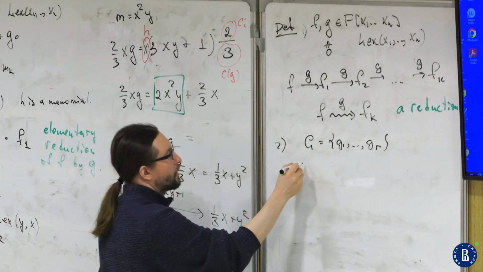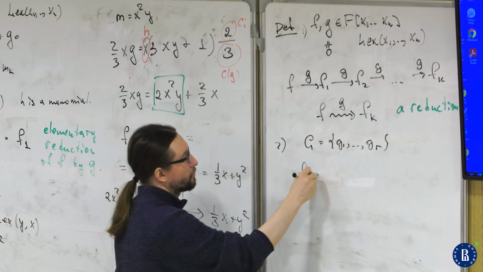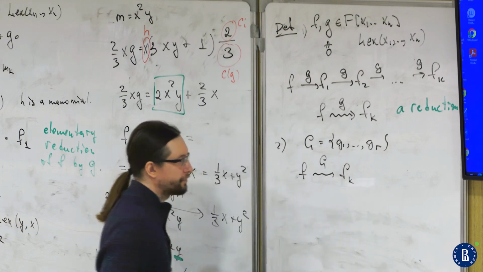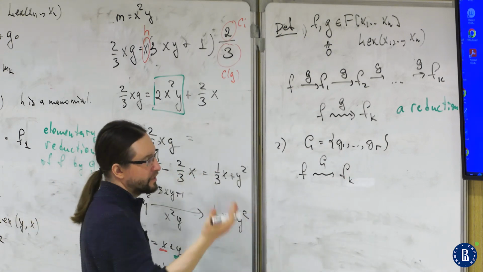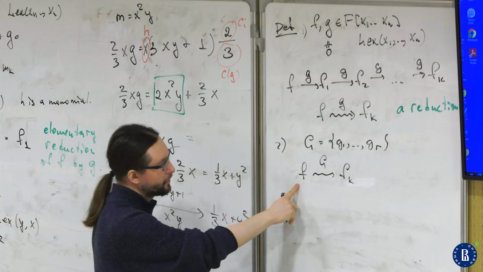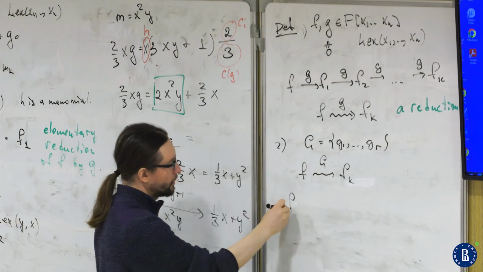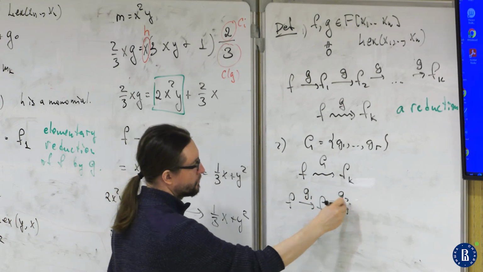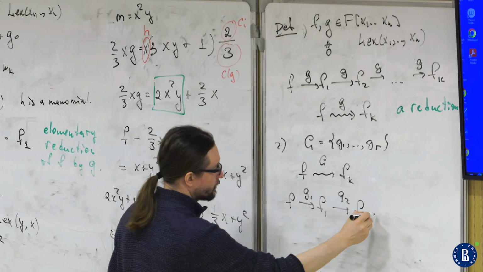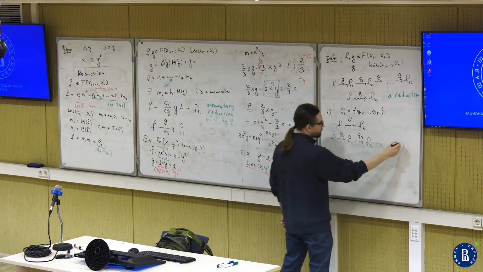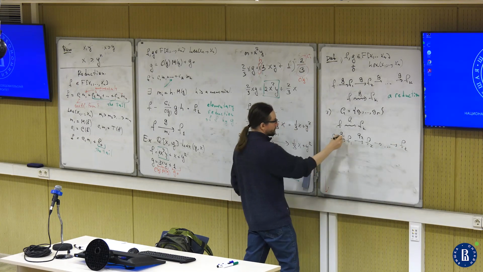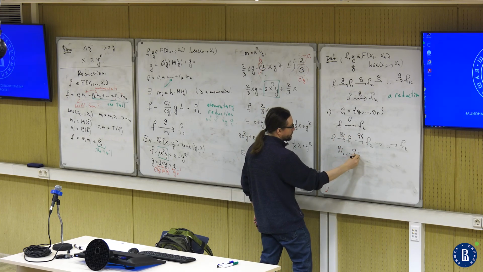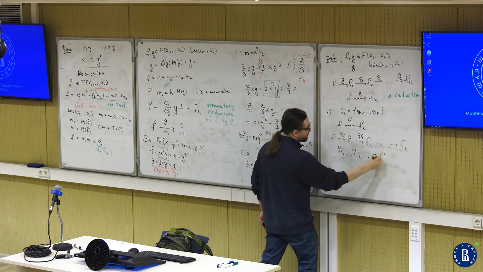Then I want to say that we have a reduction of polynomial f by the set g, and we will get fk if we have a sequence of elementary reductions of f using the elements from g. So it means that we have something like this, where gi1, gi2, etc., are the elements of g.